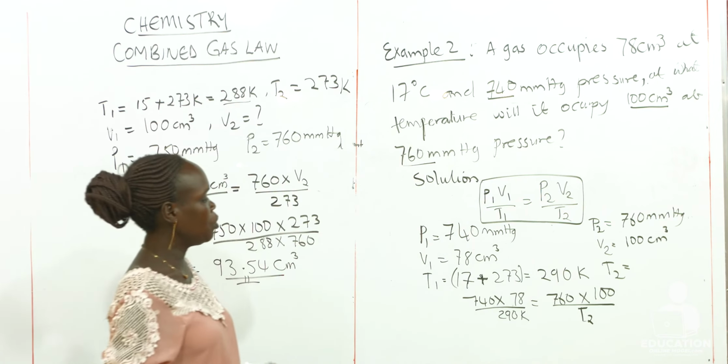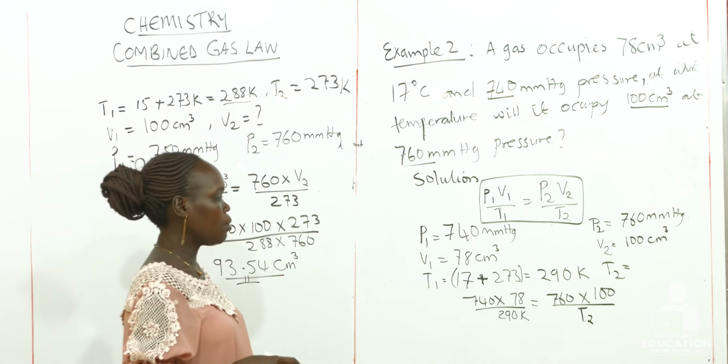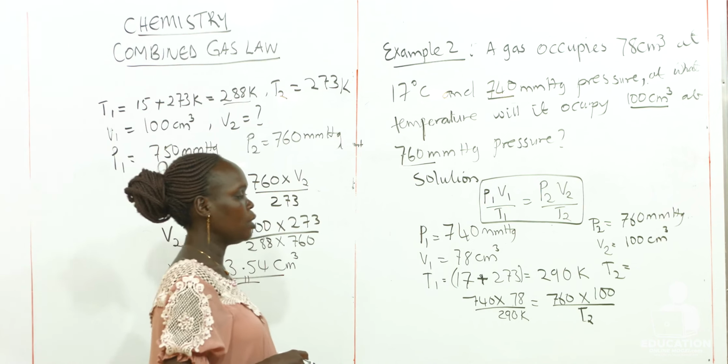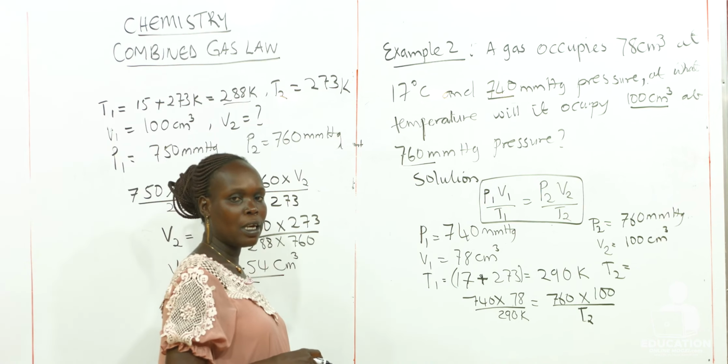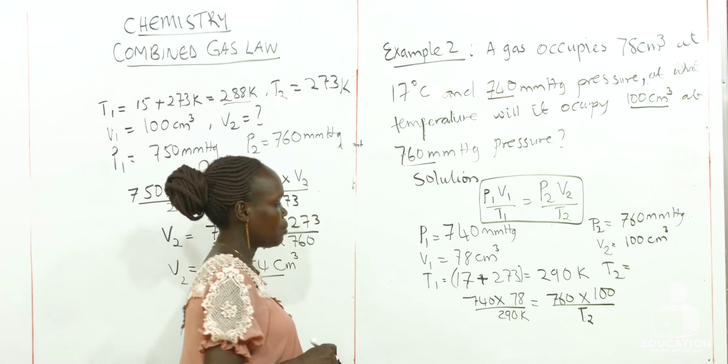So temperature 2 we are going to get by cross multiplying, and we divide by the other value, and that will give us temperature 2.